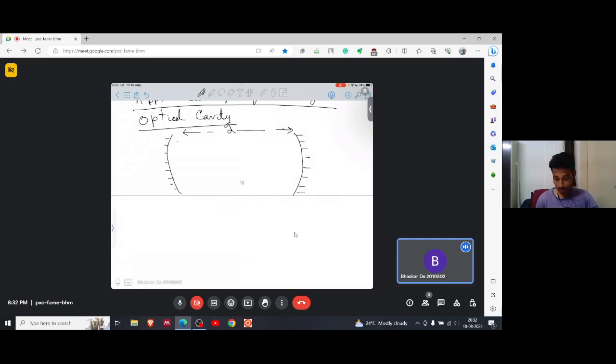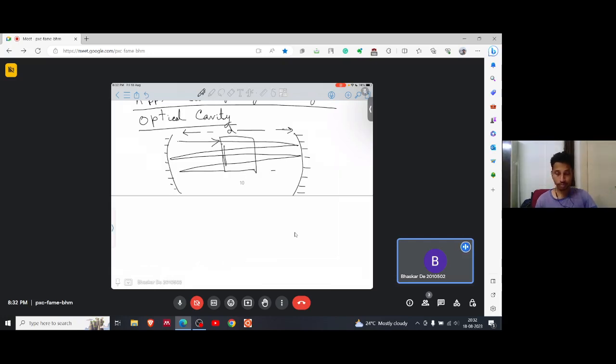So a beam enters, reflects, and then again reflects like this and so on. This is the effect of an optical cavity. Here there is a medium that will amplify the beam.